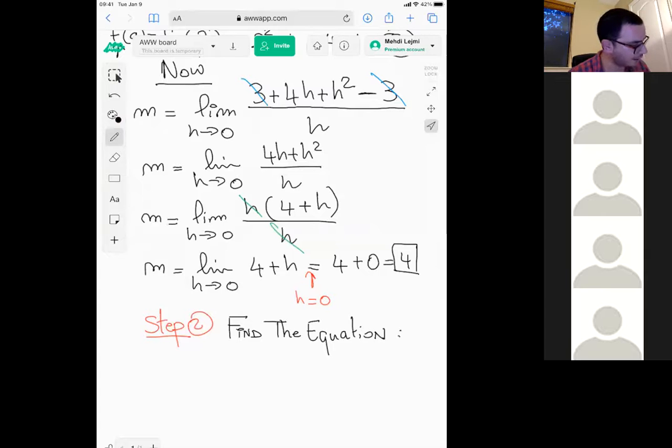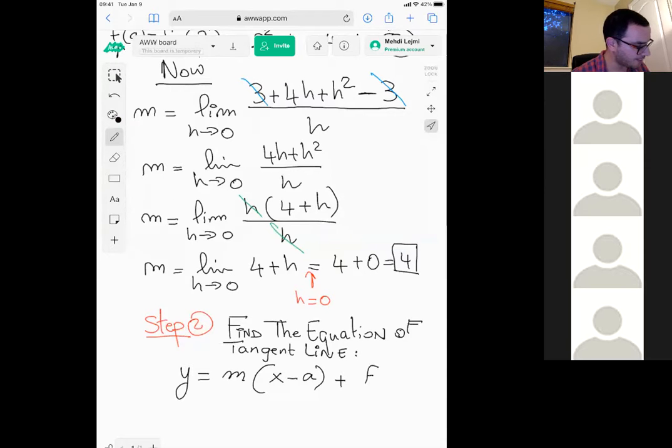So we said the general formula is the following. This is the equation of the tangent line. It's supposed to be y equals m times x minus a, plus f of a, all right?